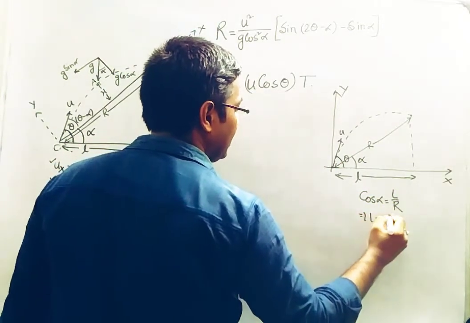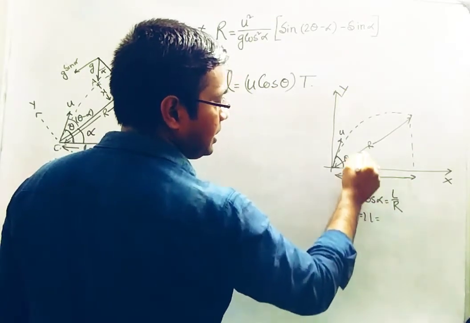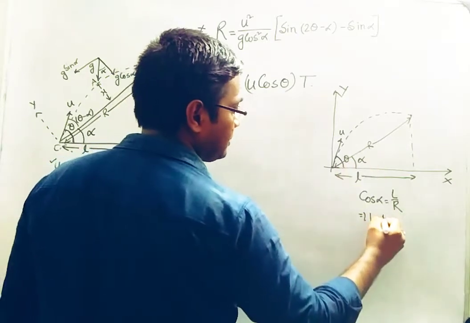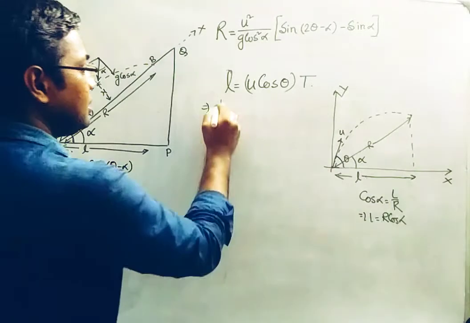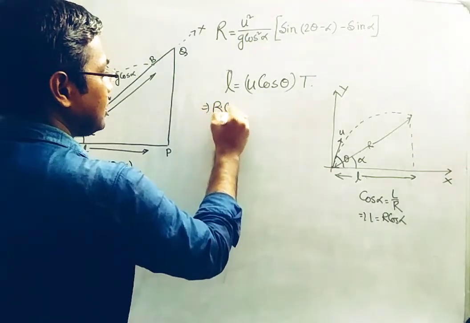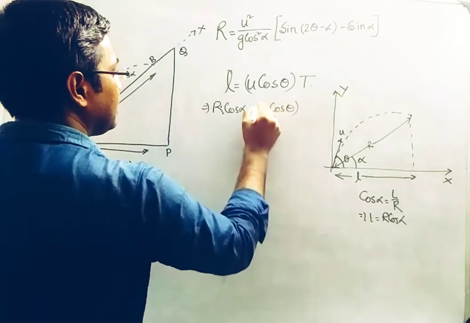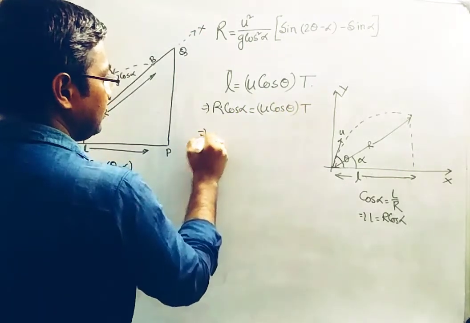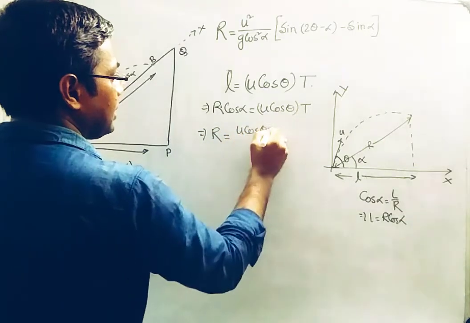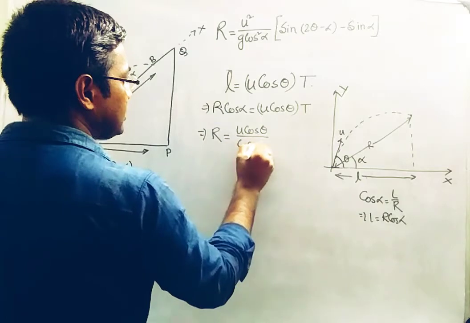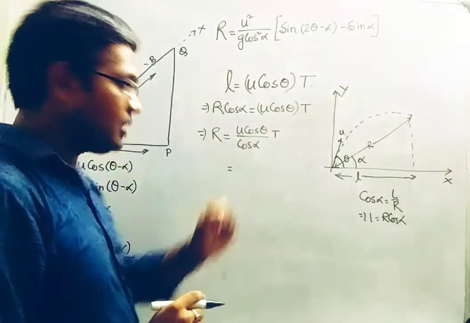Then what is L? L by R is cos alpha, then L equals R cos alpha. So if I put the value of R cos alpha here, it is u cos theta into capital T. So from here R equals u cos theta divided by cos alpha into capital T. What is capital T? Total time of flight.